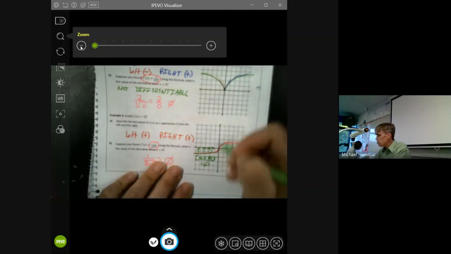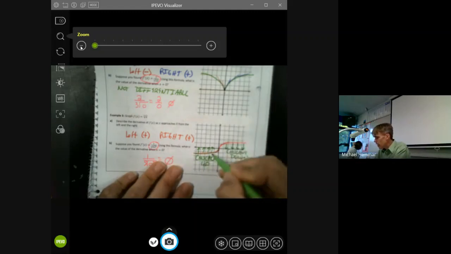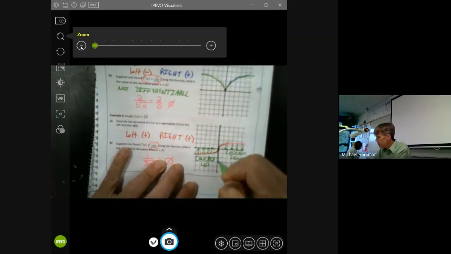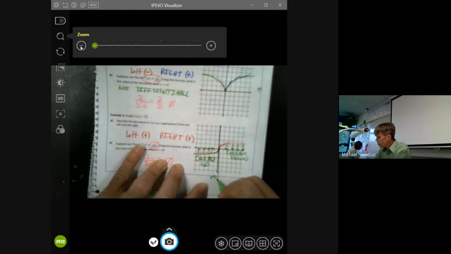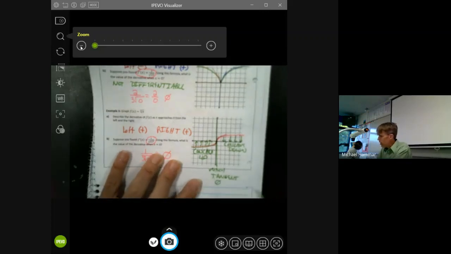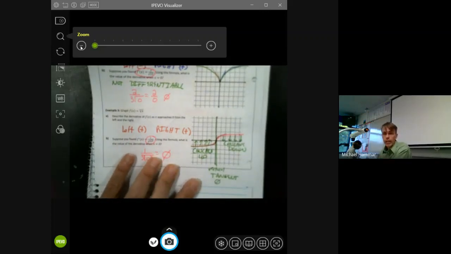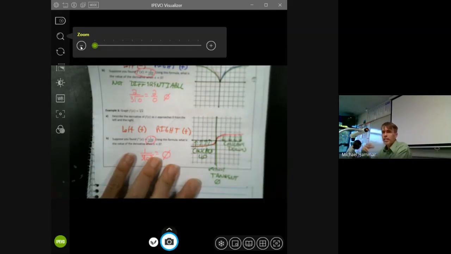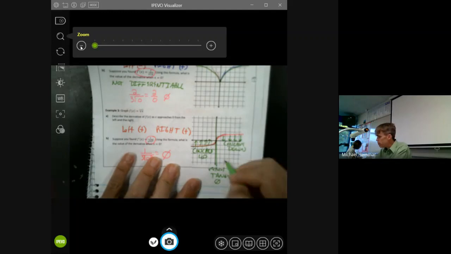Whenever it changes from concave up to concave down at a point, there's something here called a vertical tangent. These vertical tangents always have an undefined slope. Okay, because remember, if you take the slope of that line, it's the rise is whatever number, and it's divided by 0.